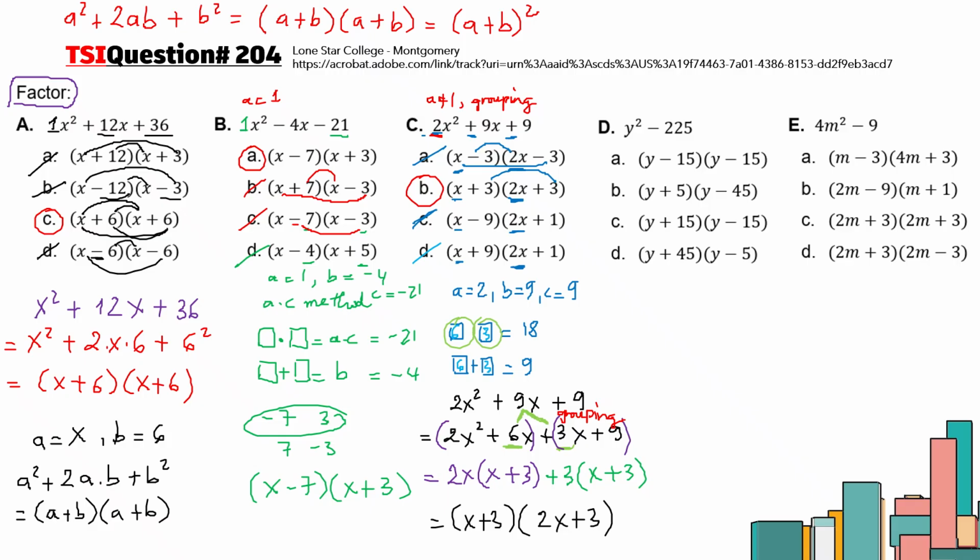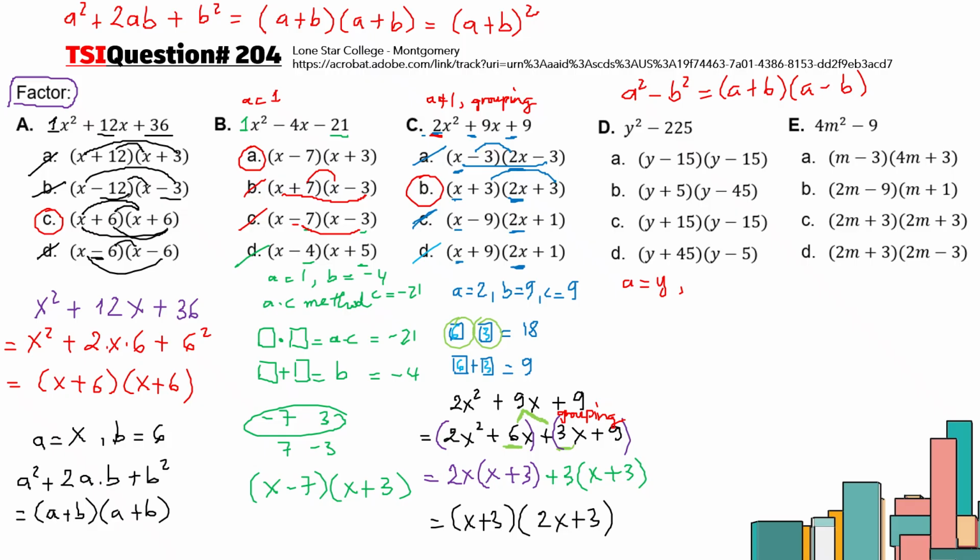Okay, for D, we have another formula that says if we have a squared minus b squared, that equals a plus b times a minus b. So you have y squared, so my a is y, and then you have b squared is 225, and this one is my 15 squared if you know your square chart.